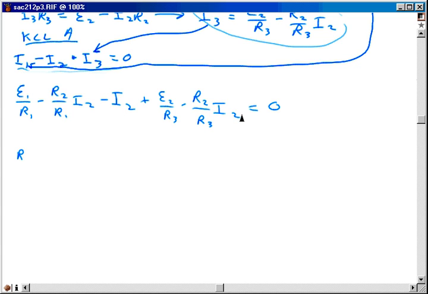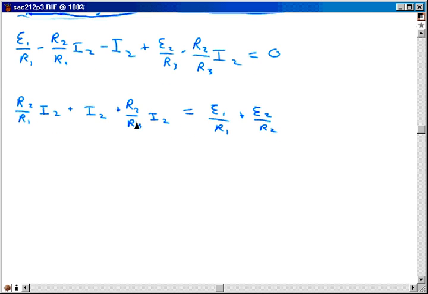So on the right, in this equation, I'll have R2 over R1 times I2 plus I2 plus R2 over R3 I2, and then I am switching sides. I'll write the right hand side of that equation over here and the left on the right. That's got an E1 over R1 plus E2 over R2.